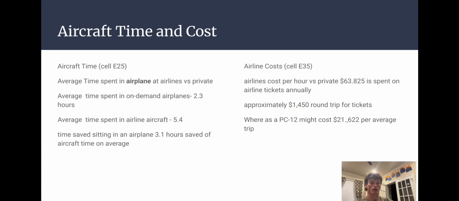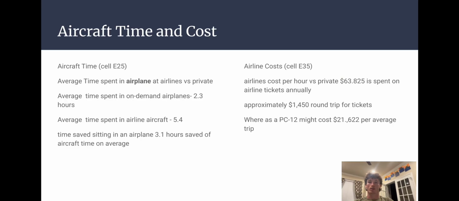The next that we look at is aircraft time, which is E25, and it's time spent in the airplane. We can look at the time you spent in the airplane whenever you're flying on demand or private versus on the airlines, and you can see that I added them all together and averaged everything out. On average, the flight time is 2.3 hours in the on-demand model, versus on the airlines you have an average of 5.4 with your layover, wherever it might be.